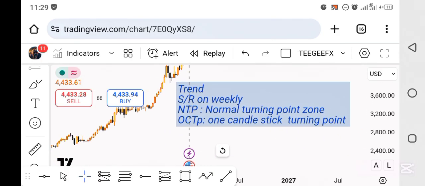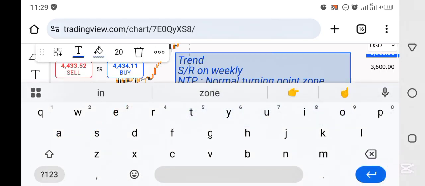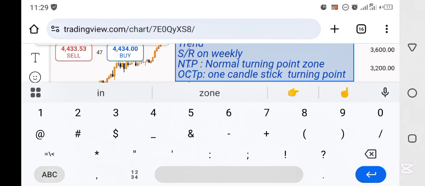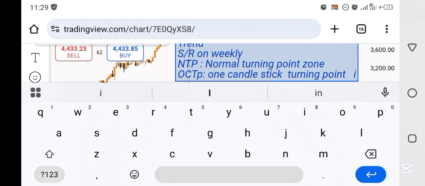The reason why I have the OTCP, this one candlestick turning point, is that it is only for the weekly and daily time frames.